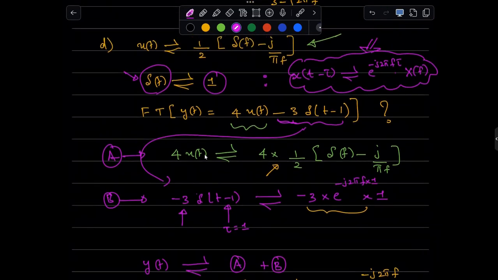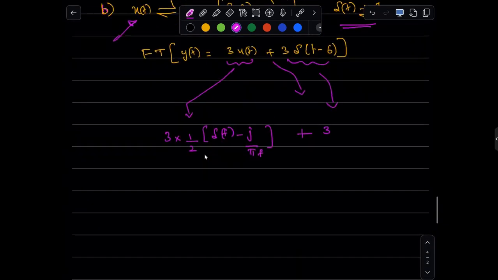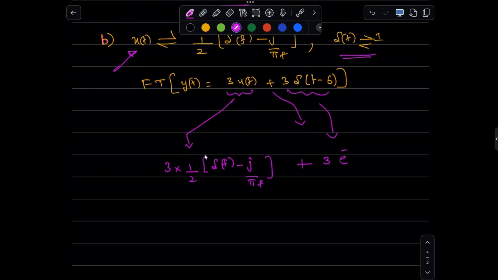x of t minus tau has the Fourier transform e power minus j 2 pi f into tau. So we can write in the same way. It is like e power minus j 2 pi f into, here you see the tau is equal to 6, into 6 into the Fourier transform of delta of t, which is 1.